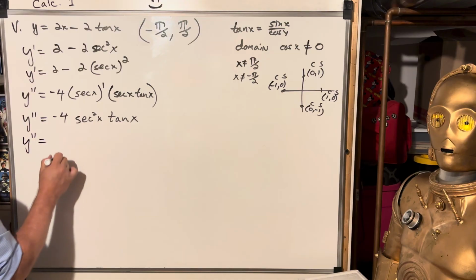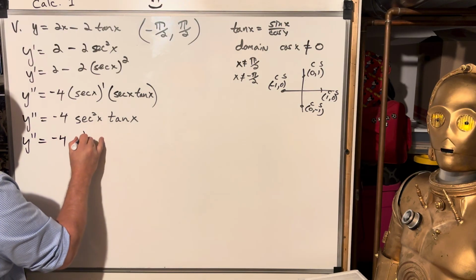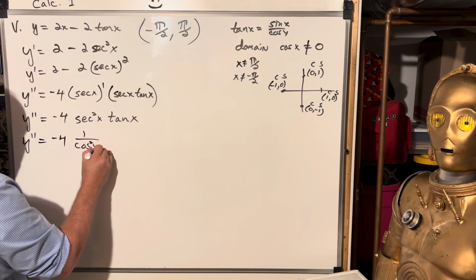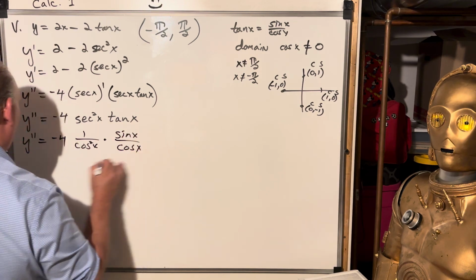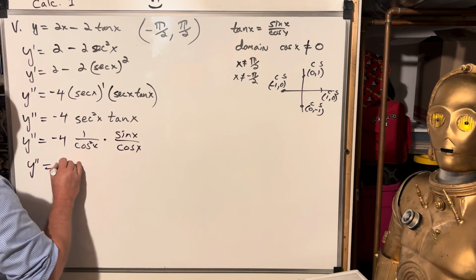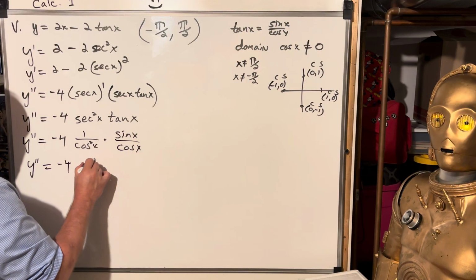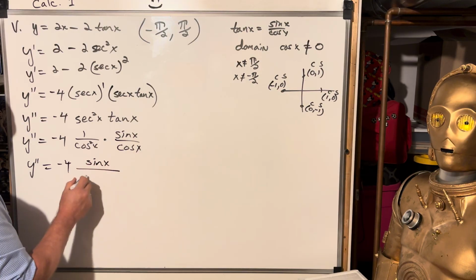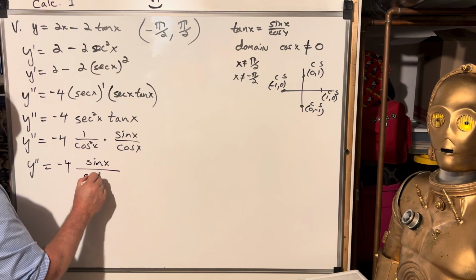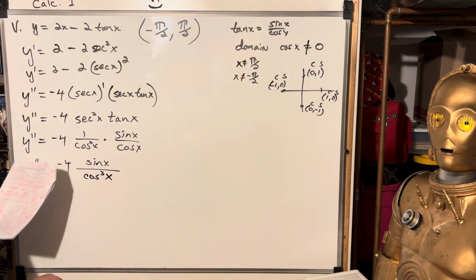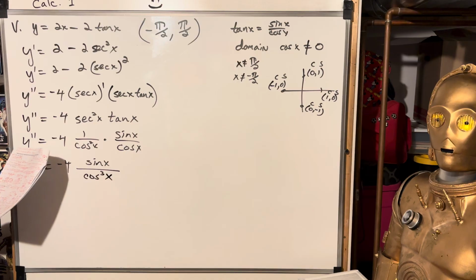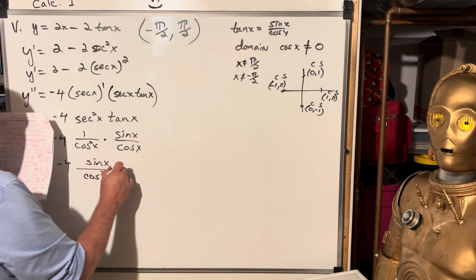So here, this is 1 over cosine squared, and this is sine over cosine. This will be easier to find zeros because now we have the sine of x, you can just set that equal to 0, and cosine cubed x, you can just set that equal to 0. So let's set those both equal to 0.